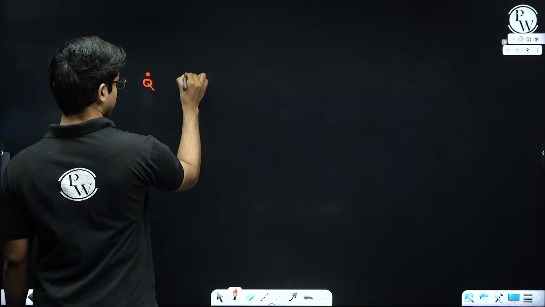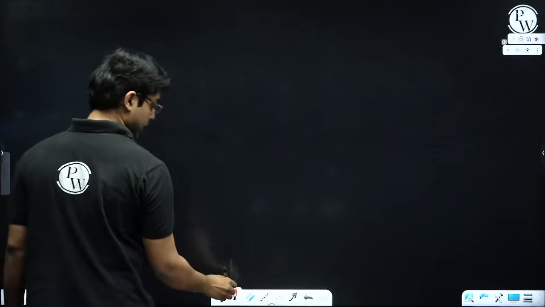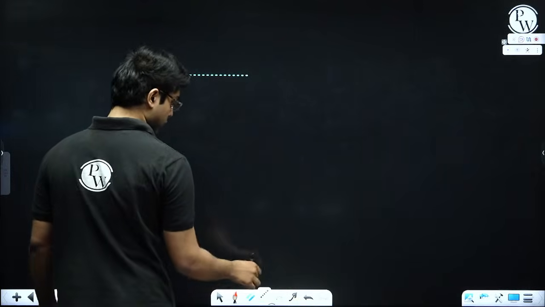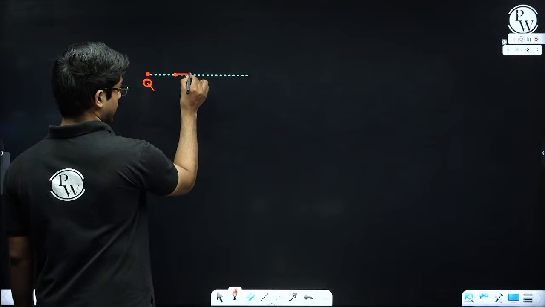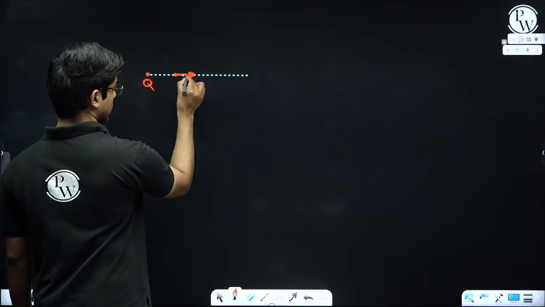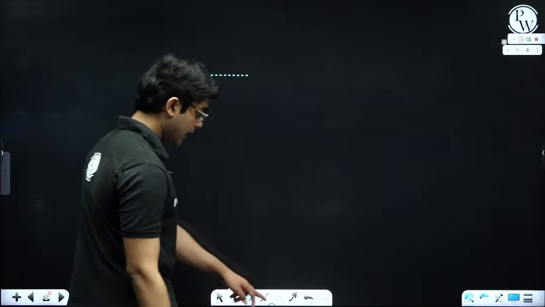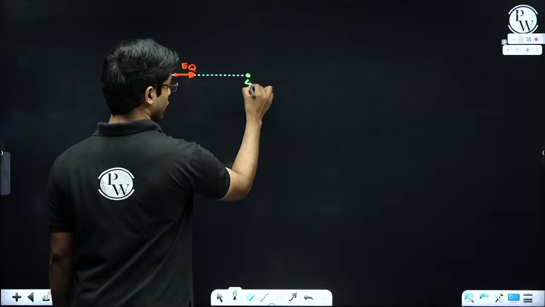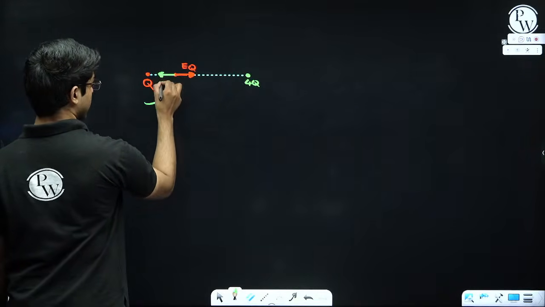If I want the field direction at this point, I can easily tell it is to the right. E due to Q will be to the right. And due to the 4Q, the field will be to the left.